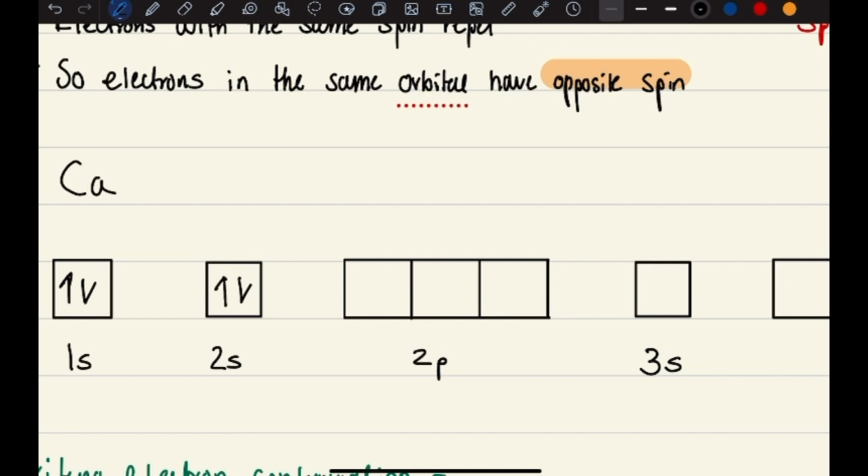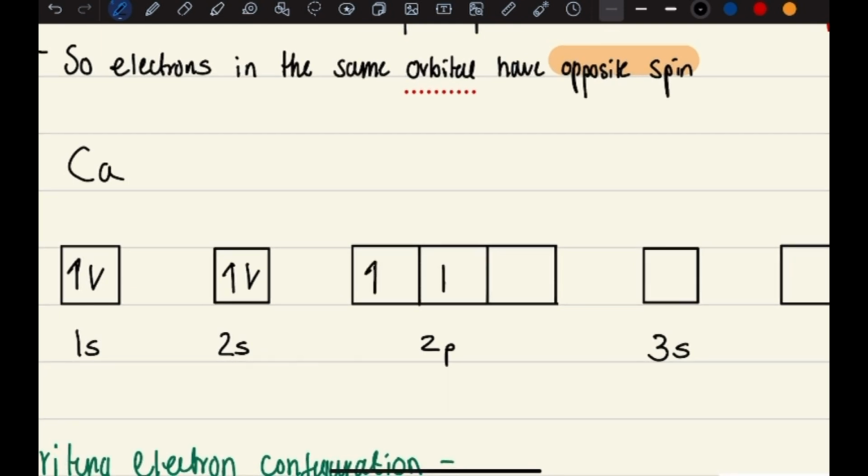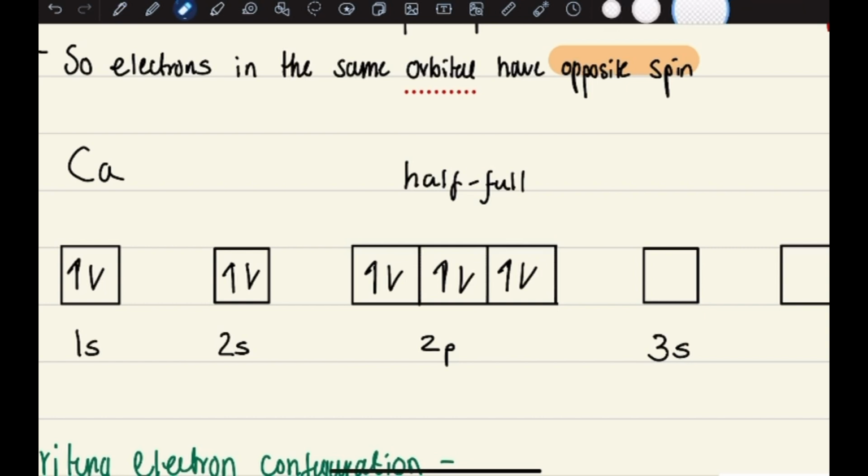Cool. Now, this is where we're going to get a bit tricky. Your p orbitals: we have more stability if we fill it like this first. You're going to put electrons with the same spin into the orbitals, one in each. This is what we call half full. So this p subshell is half full. There's an electron in each of the orbitals. And then afterwards, we fill them up, and now we're full.